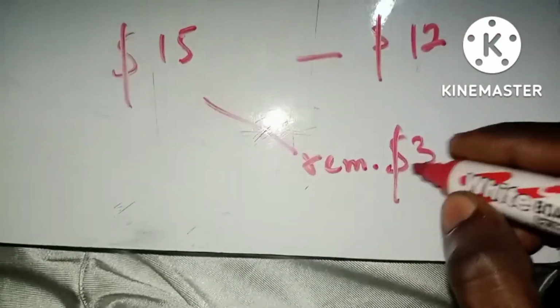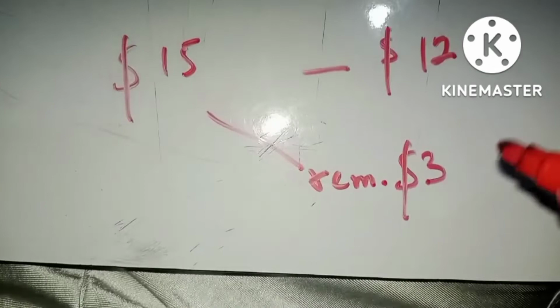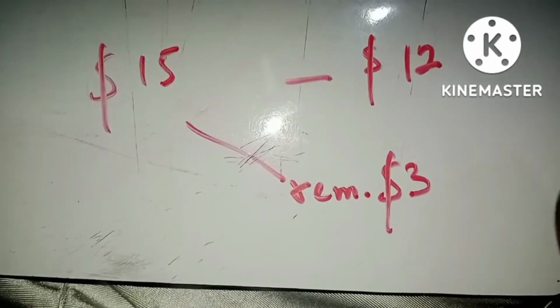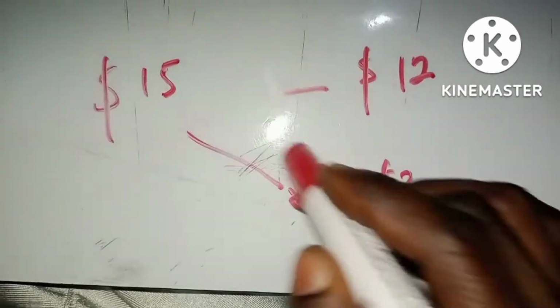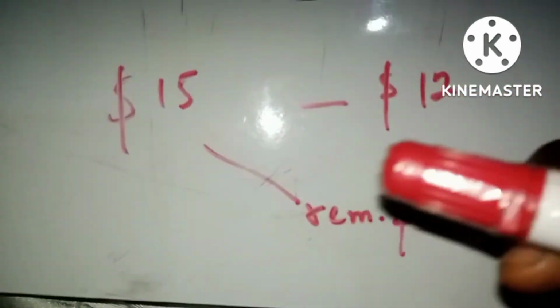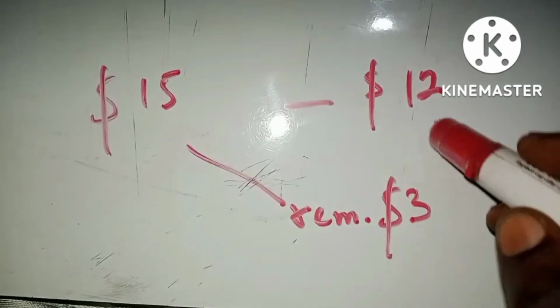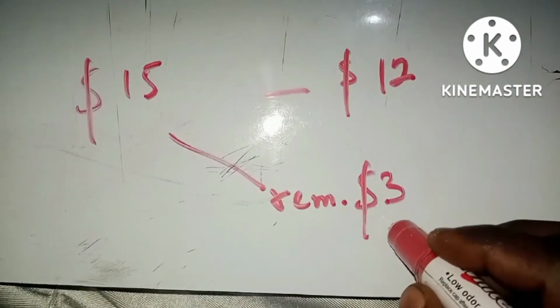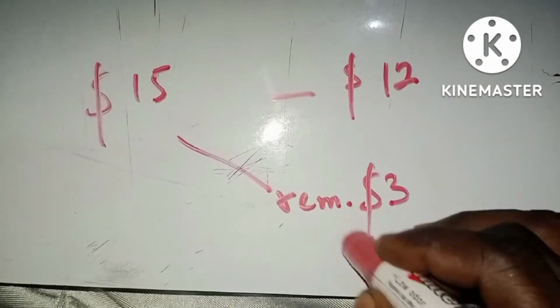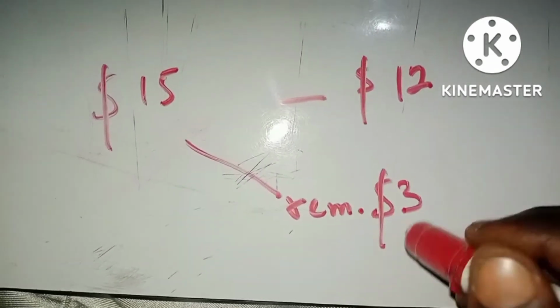So this is what remains. The key word here is: how were you able to identify that you are left with just $3? Maybe with your brain, or with the help of a calculator, that tells you that if you take away this $12 out of the $15, you are going to be left with $3. So you are left with the remainder, or the balance, of $3.